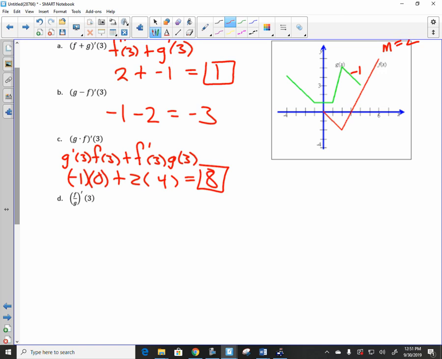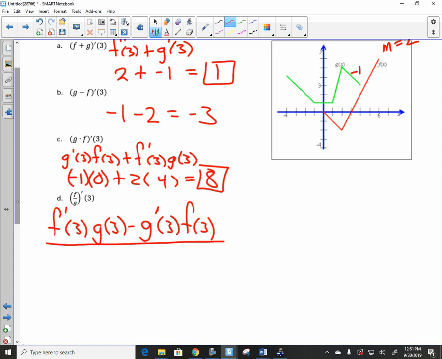And then (f over g) prime of 3. Now I use the quotient rule, so make sure that you have the derivative of the top times the bottom, minus the derivative of the bottom times the top, with the bottom left alone squared. f prime of 3 we've determined is 2. g of 3 we've determined is 4, minus g prime of 3 is -1. f of 3 we've determined is 0.